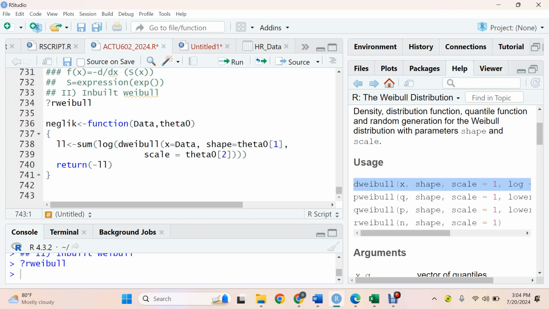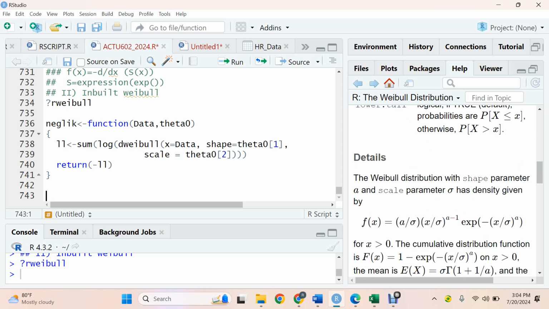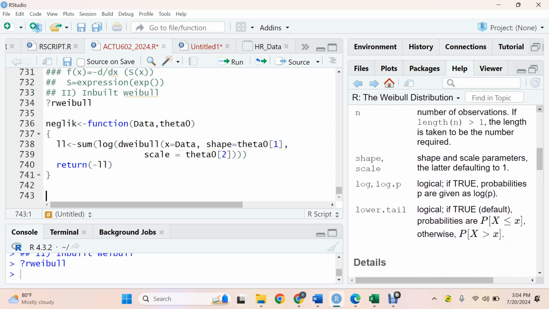You set your log as true instead of putting the log into brackets. It will find the log of the data. So you can come here and check what they mean by finding the log.